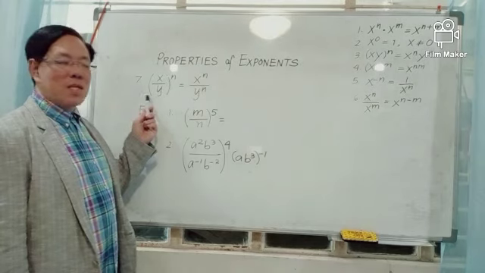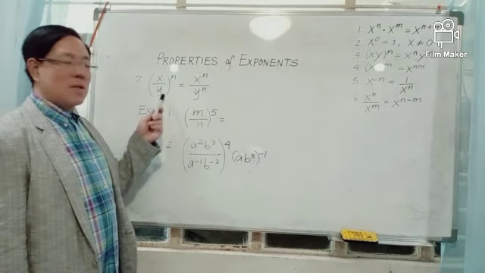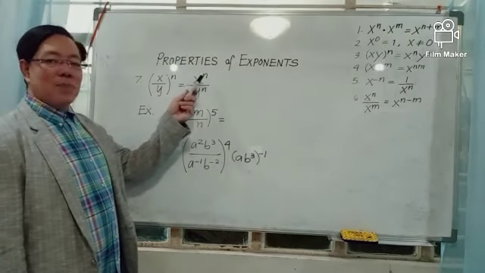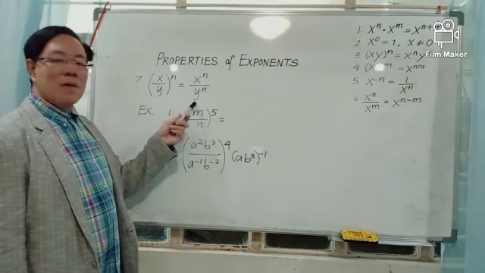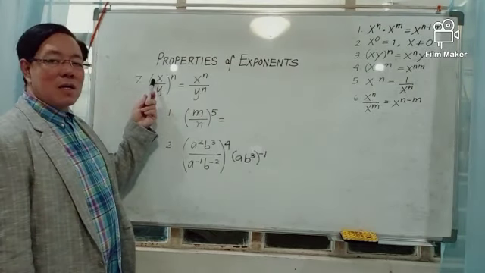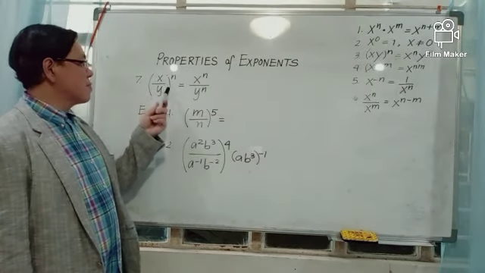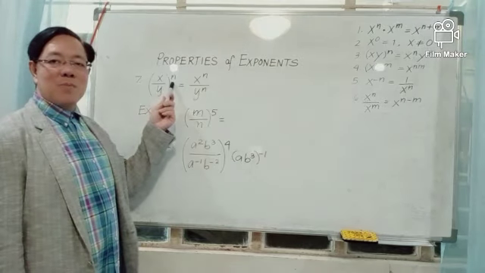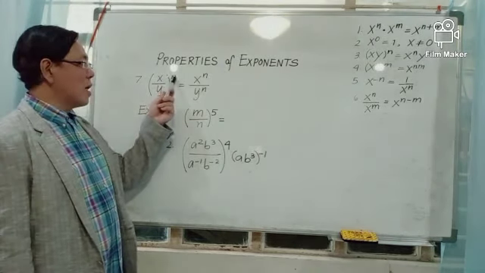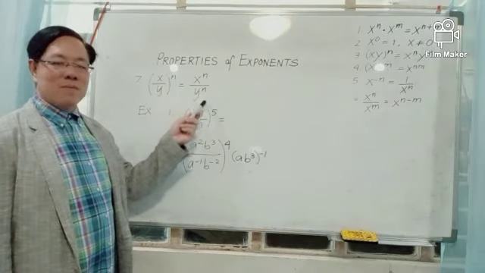By this property, (x over y) to the power n is equal to x to the power n over y to the power n. The numerator and denominator are raised to the same exponent n, and we get the quotient of x to the n and y to the n.